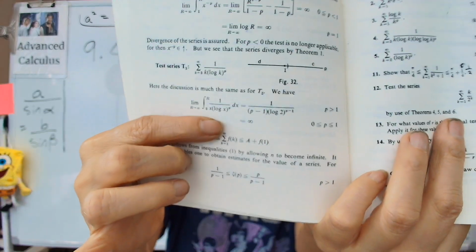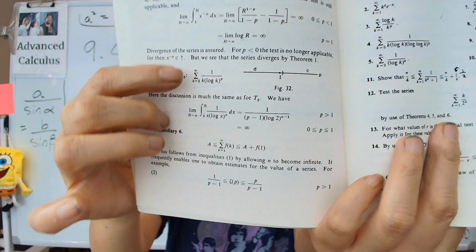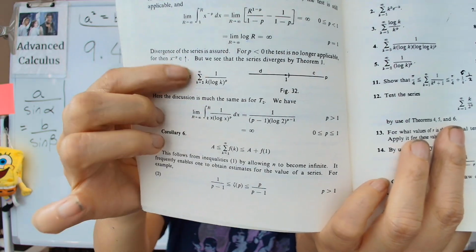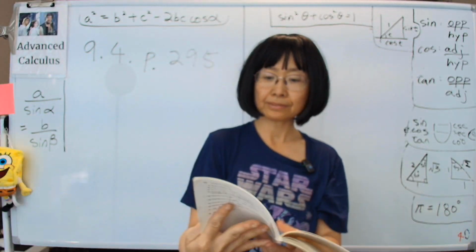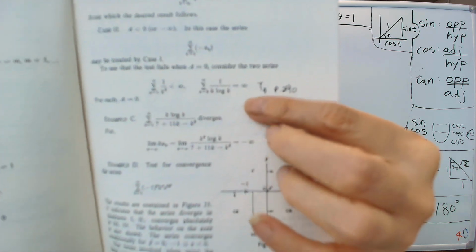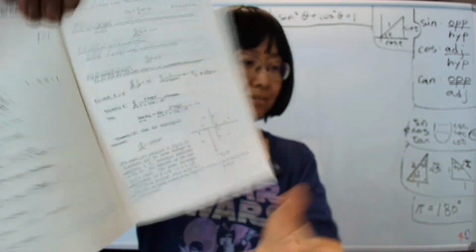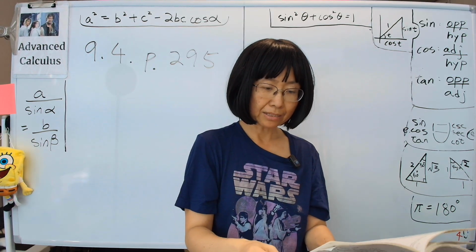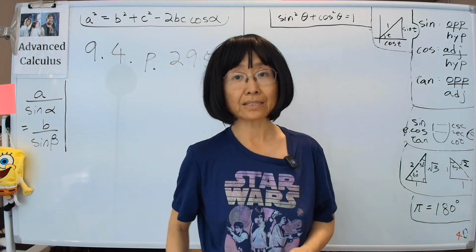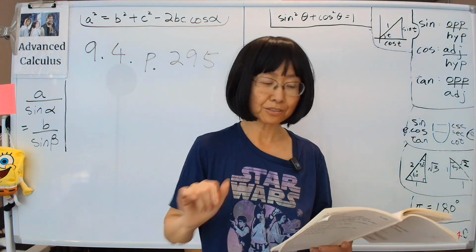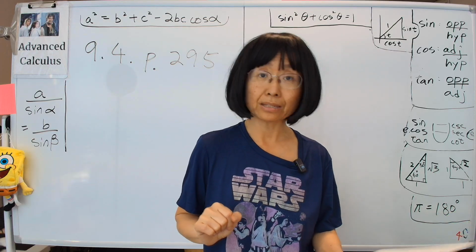If p is equal to 1, this series diverges. That's what it says right here, and therefore this series diverges. So those are the cases, and both situations can happen if a equals 0.